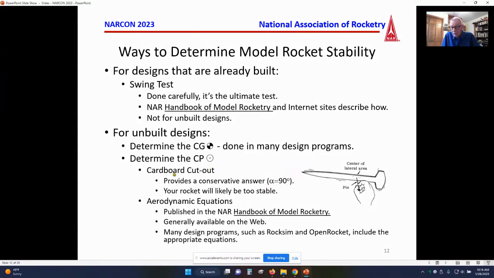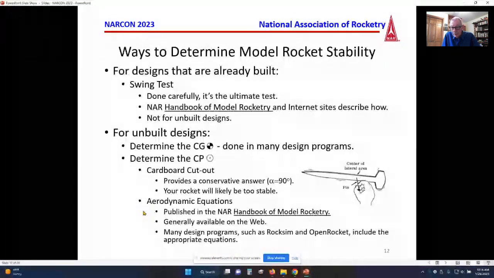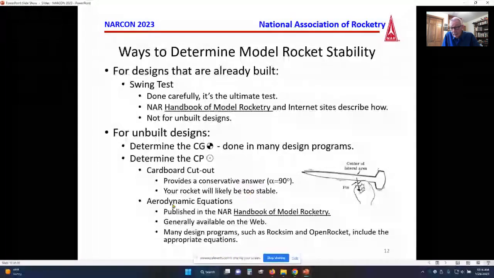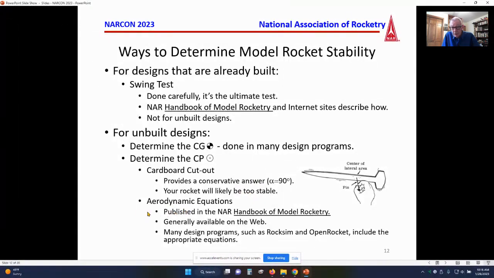That's one of the reasons why the aerodynamic equations were sought out and developed, to take away that conservative nature of the answer. Of course, they'll be stable, but that'll be the rocket that flies into the wind and doesn't fly very high. That's generally not what we want. We want to get our maximum altitude, good performance.